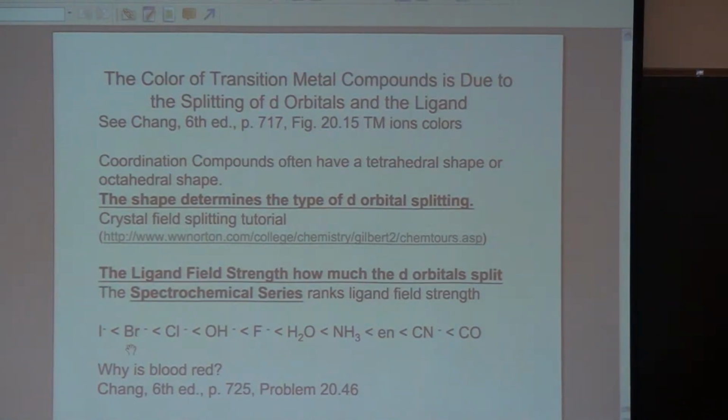This list here tells you how the d orbitals are split depending on the atom or the group of atoms bonded to the metal. Note that they have carbon monoxide, cyanide, en for ethylene diamine, ammonia, water, hydroxide, chloride, etc. Note that CO will split those d orbitals the most, whereas iodide will split it the least.